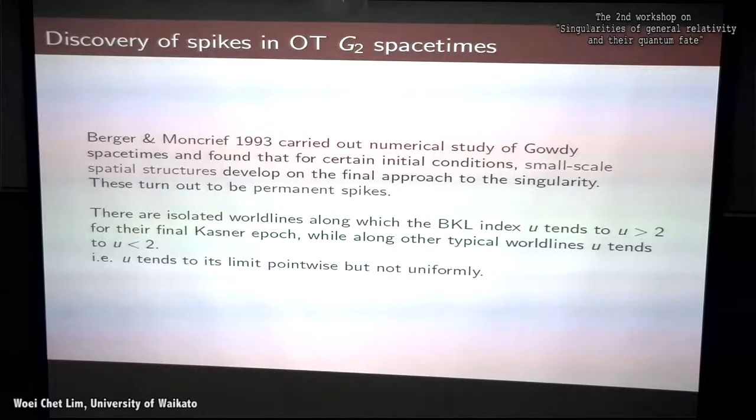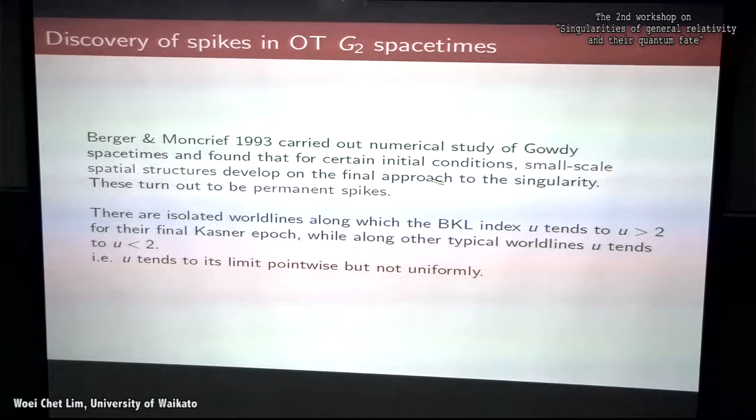These spikes were first discovered by Berger and Moncrief in the numerical study. Okay, and they called these spiky structures. What they studied in the OTG2 spacetime turned out to be permanent spikes that form at the end of the Kasner era.